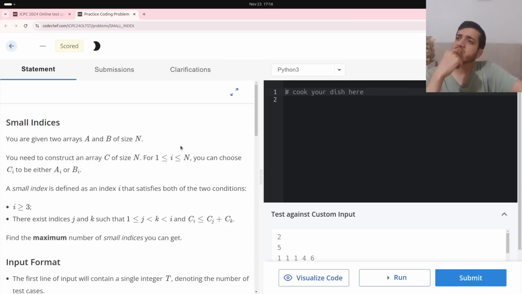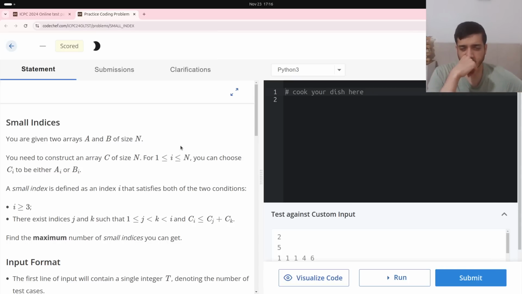It wants to make a triangle, right? So it wants to make a triangle using j, k, and i. And it says to find the maximum number of small indices that you can get.